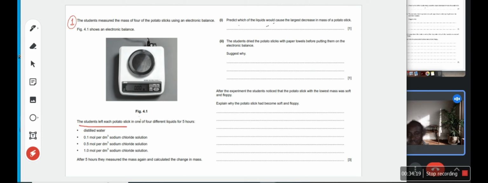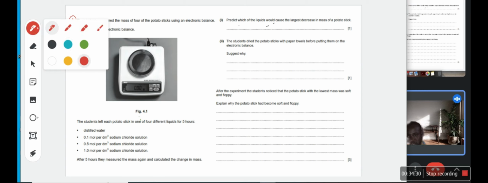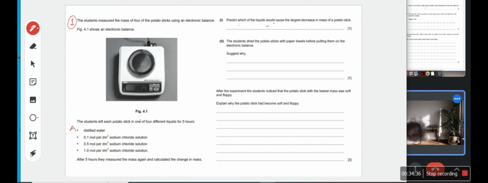The student left each potato stick in one of 4 different liquids for 5 hours. So each potato chip or stick is placed in this liquid A, B, C, D.